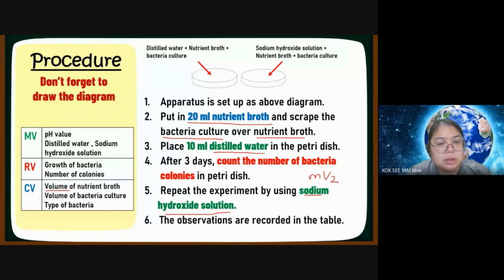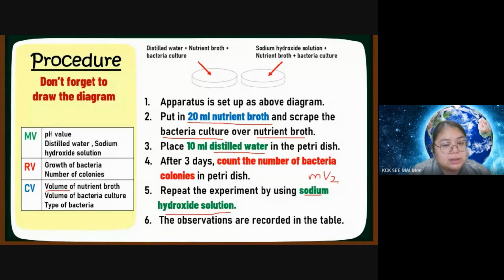Understand or not? That is how to write the procedure. Remember, diagram first, then the introduction: apparatus is set up. Then number 2 is surely the RV. After mentioning RV, number 3, MV1. Then number 4, you must mention after how long, then what you need to do, how you get the RV.